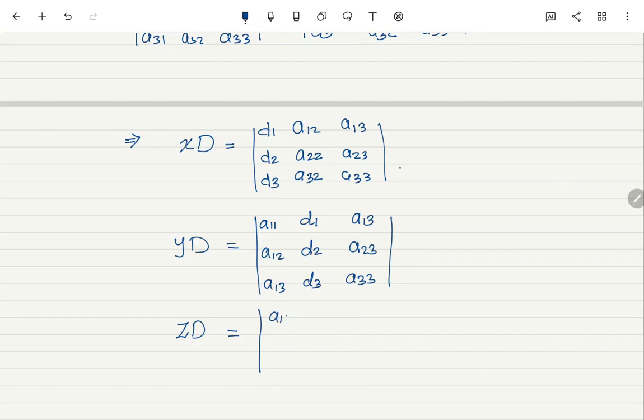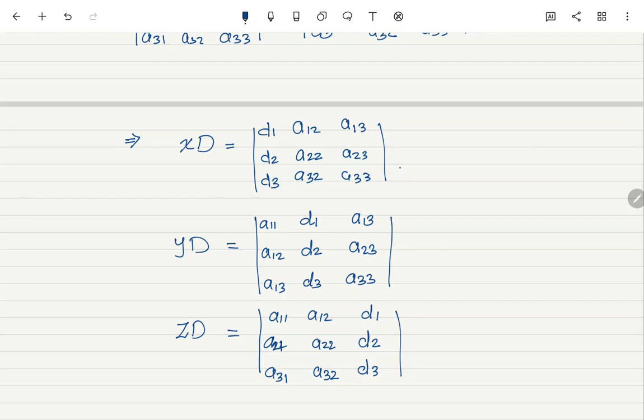So a11, a12, d1, a21, a22, d2, a31, a32, and d3. And by solving these determinants, we can find x, y, and z.